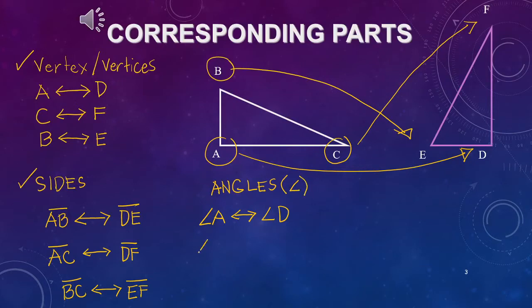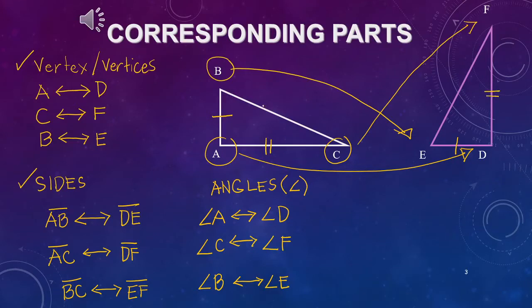What about angle C? What corresponds to angle C? Angle F. Correct. What about angle B? Angle E. That's totally right. Okay? Now, considering that this is congruent to this, one is congruent to this.